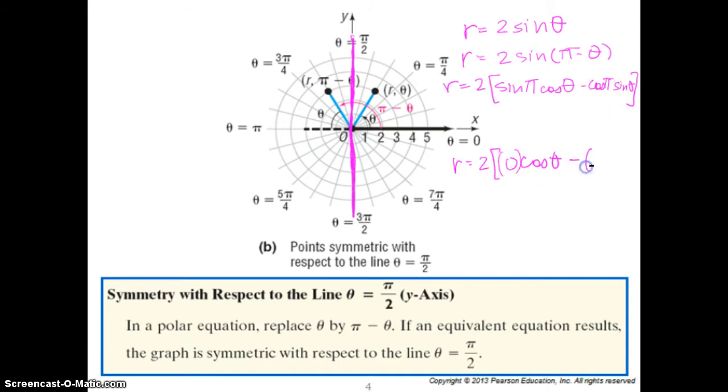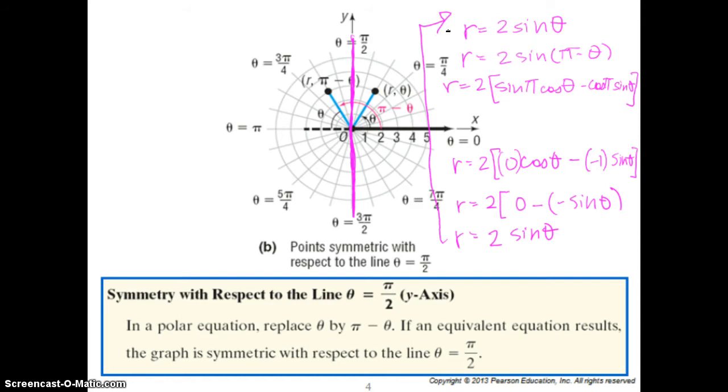Cosine of pi is negative 1 times sine theta. So if we simplify that, we get r equals 2 times 0 minus negative sine theta, which is r equals 2 times sine theta, because of the double negative. So do you see that 2 sine theta is the same thing that we started with.